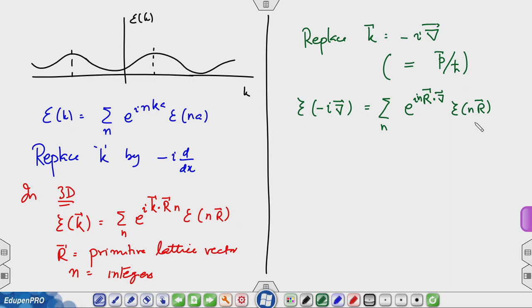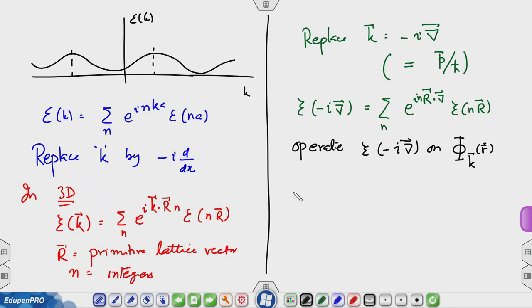Now, operate E of minus i del on the wave function phi k r.